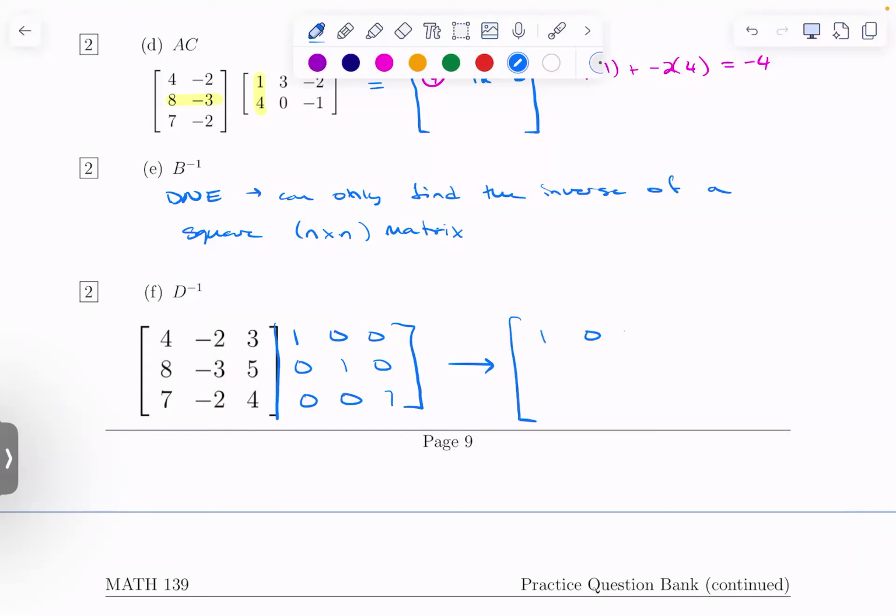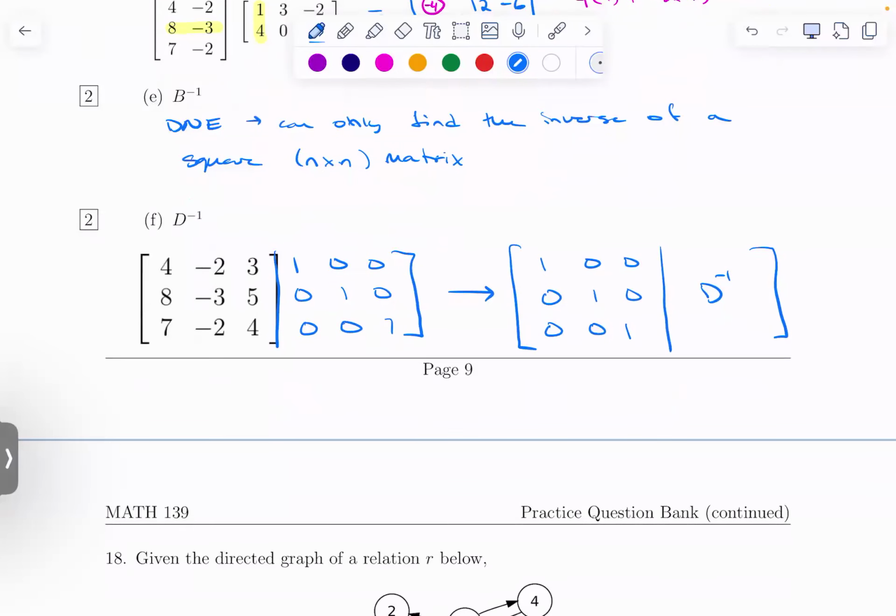Or I'll say this is D inverse. I'll add it in, so you can check your work. 2 by 2 inverses? Yeah, then you can use the determinant, but you'd have to memorize the determinant because I don't give it to you. But it still works this way. This way will always work, as long as it's a square matrix.